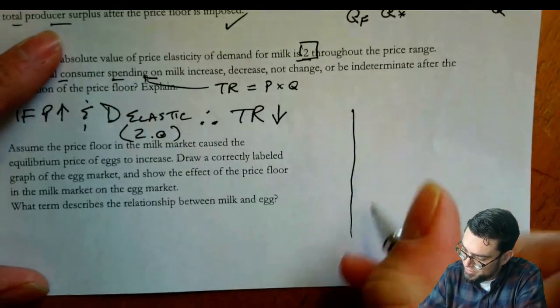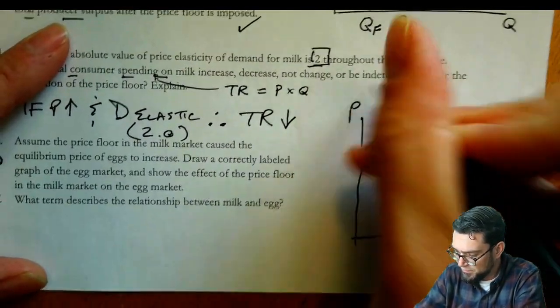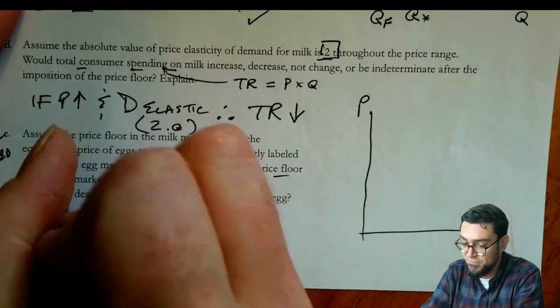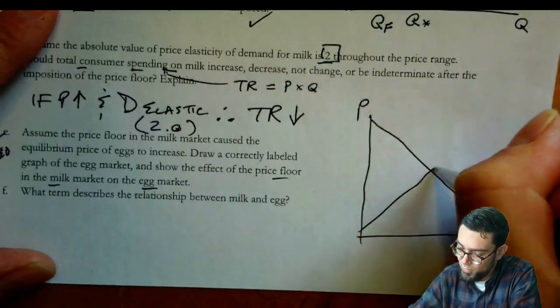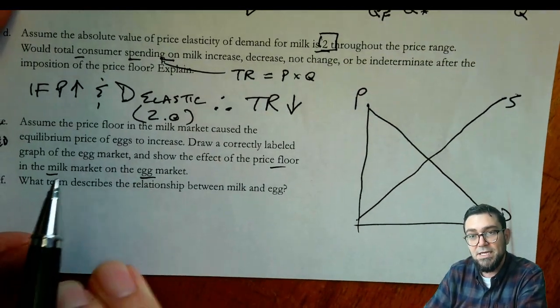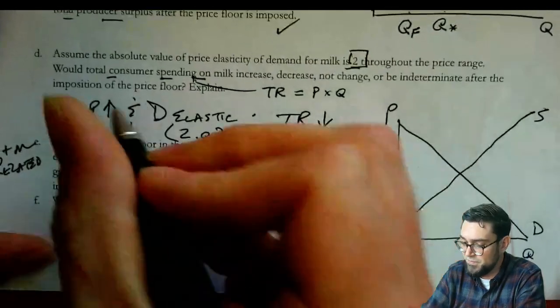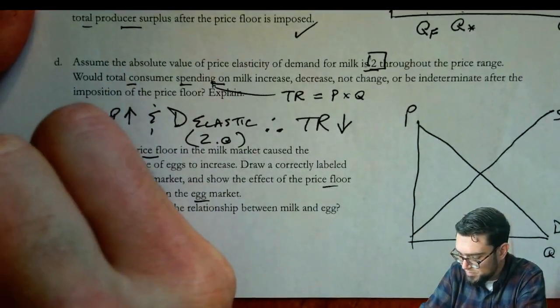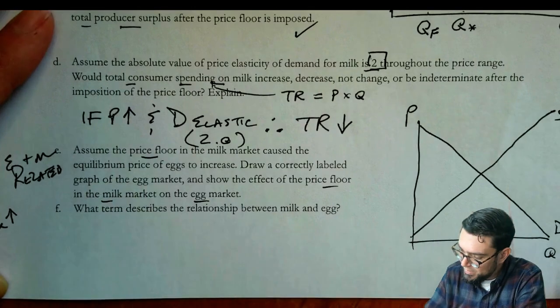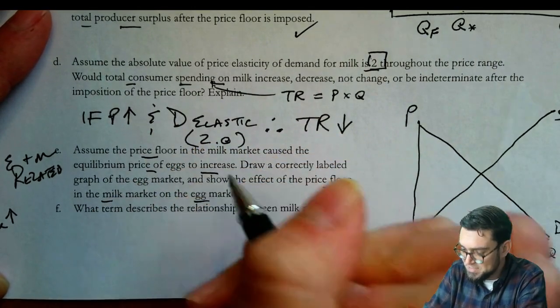And so it does say draw a correctly labeled graph of the egg market showing the effect of the price floor in the milk market on the egg market. So it's telling me that they're interrelated in some way. If I know that they're interrelated goods, then I also know that the price of milk went up, and therefore the price of eggs went up.